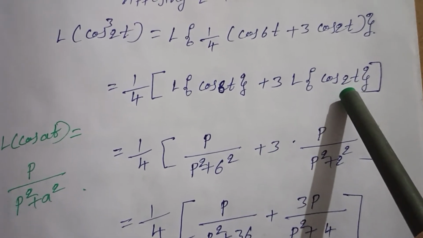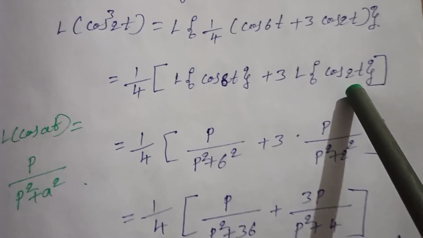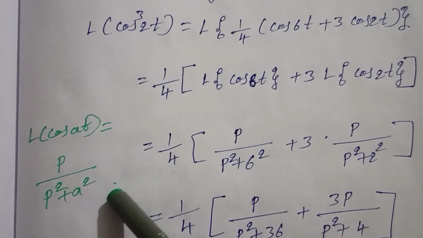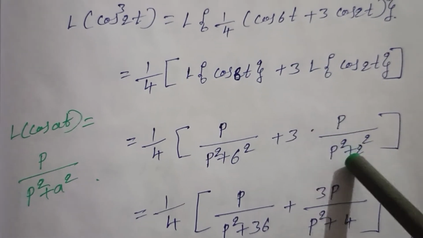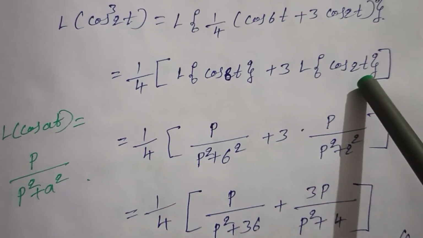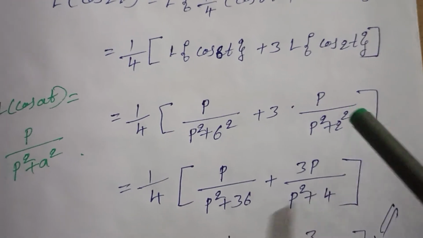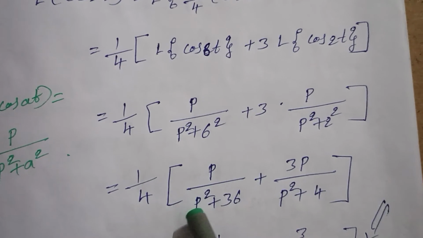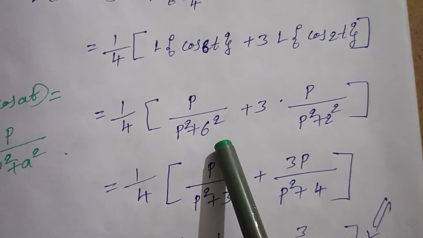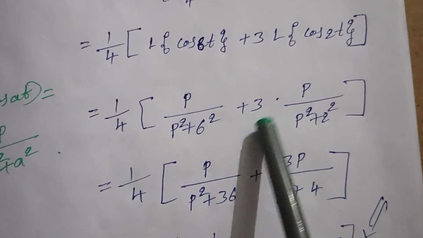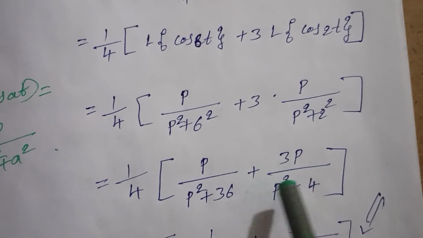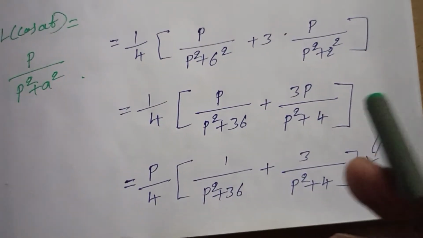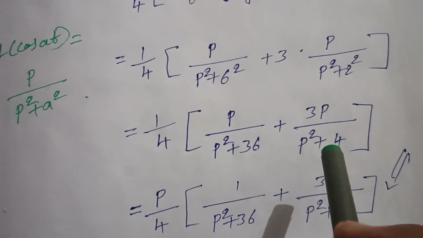Cos at, here in place of a we have 2. So p by p square plus 2 square. So 1 by 4 into p by p square plus 36, since 6 square is 36, plus 3p by p square plus 4. Next these are small simplifications only.